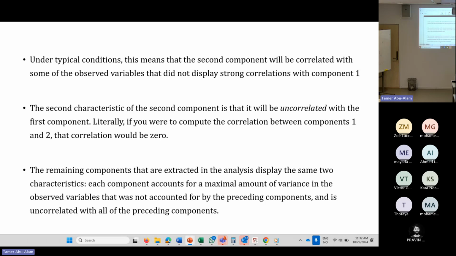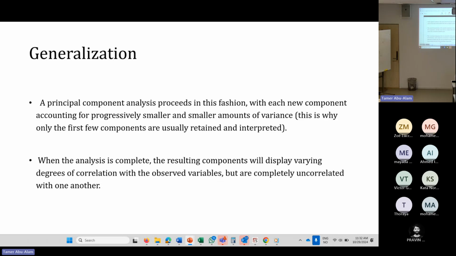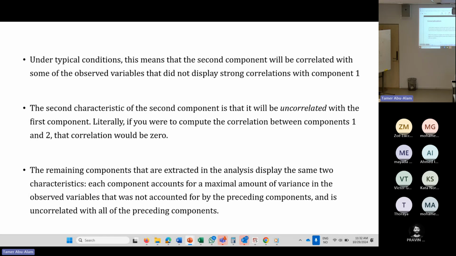Of course, the second component will correlate with some of the observed variables, but that is not the important part here. This one is important: the second component will not be correlated with the first component. There is no correlation between the first component and the second component.